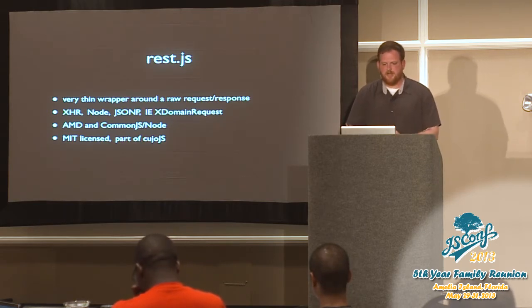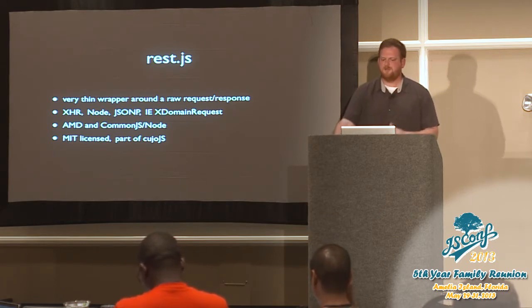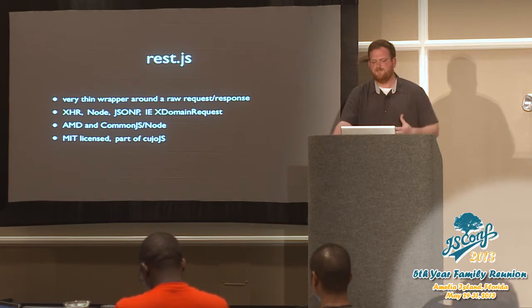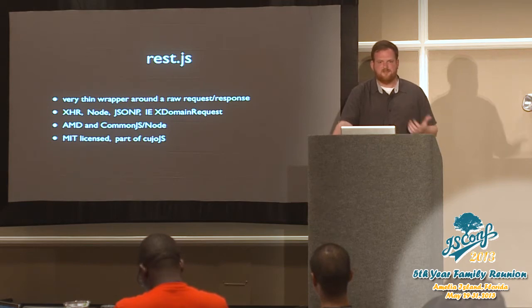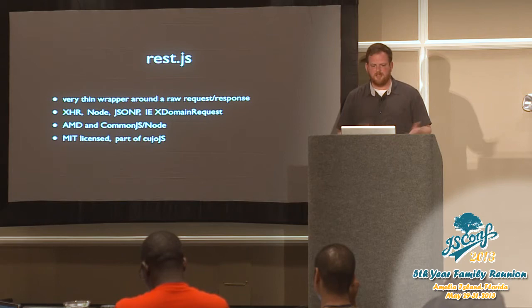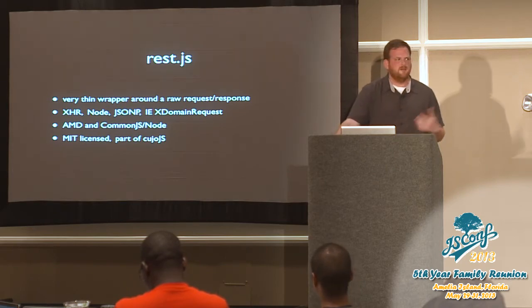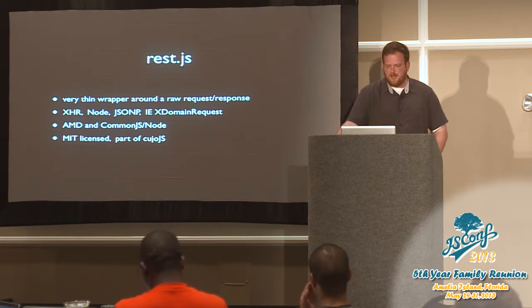So there's a little library that I created called rest.js. It's a very thin wrapper around basically the raw request and response. I mentioned earlier it works with XHR as well as Node's HTTP libraries. It also has support for JSONP and even IE's cross-domain request. It runs in CommonJS and AMD, so whatever environment you want to work with, we're using modules.